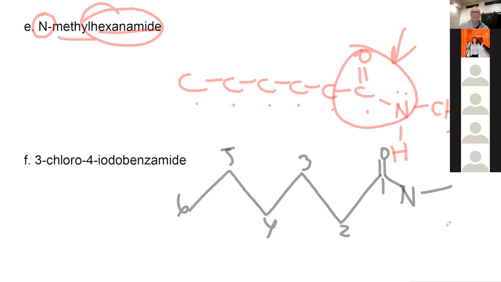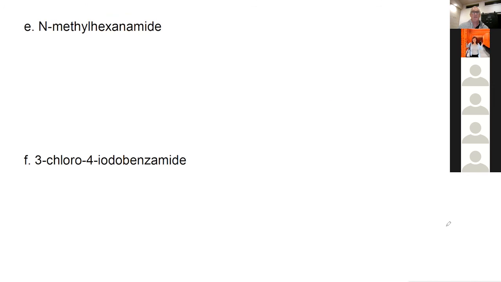Okay. Next one, we have another amide. This time, a benzamide. So what's that going to look like? I see benza again, so that already sort of tells us something. What's going to be the root of that when we see benza?